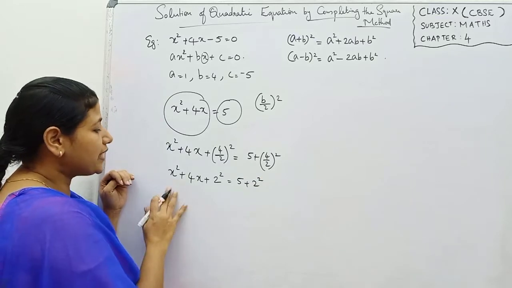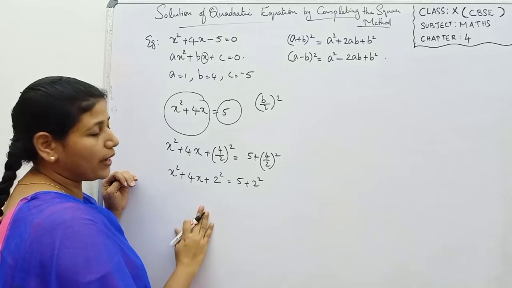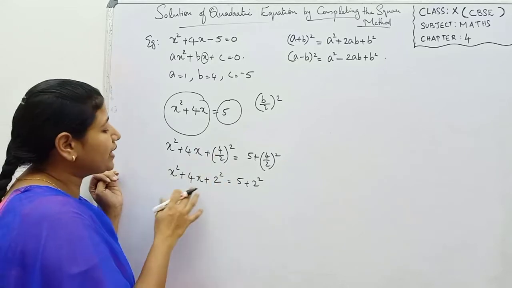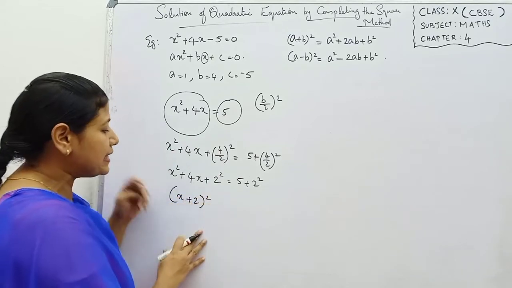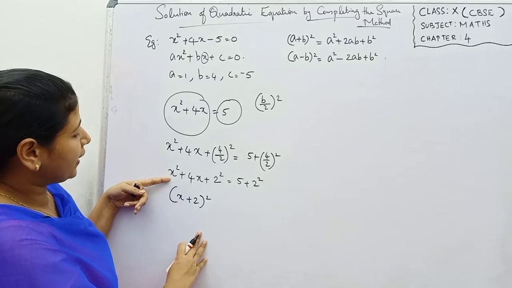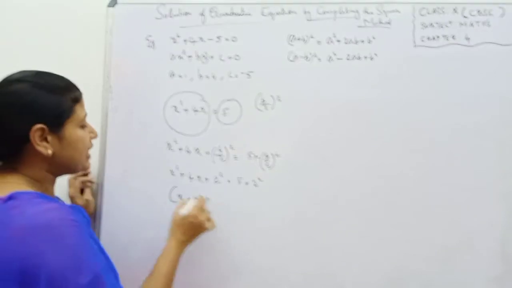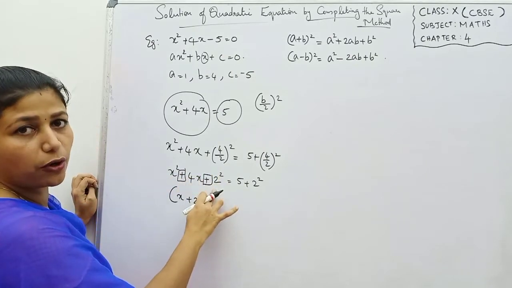This is of the form a square plus 2ab plus b square, isn't it? No need to think much more. We can directly write this as x plus 2 whole square, since x square plus 4x plus 2 square is the expansion of x plus 2 whole square. Just go through the signs. You have to check whether both are plus, or both are minus.